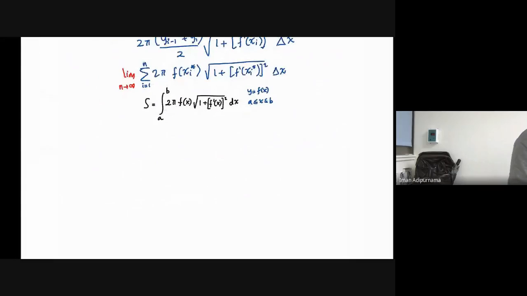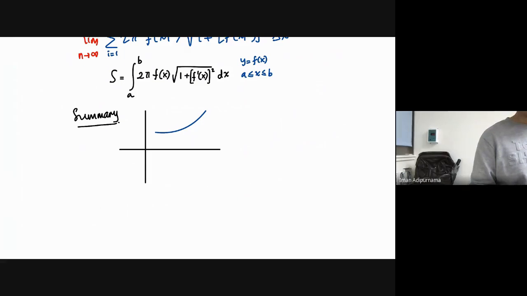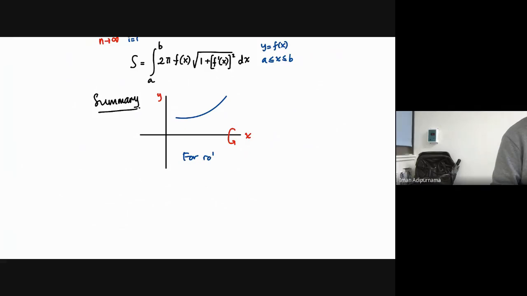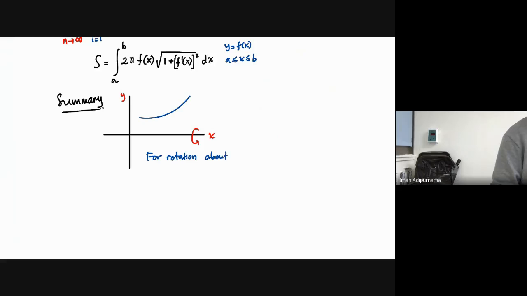In summary, let me write the summary. For rotations about the x-axis, our s will be 2 pi y, just ds.